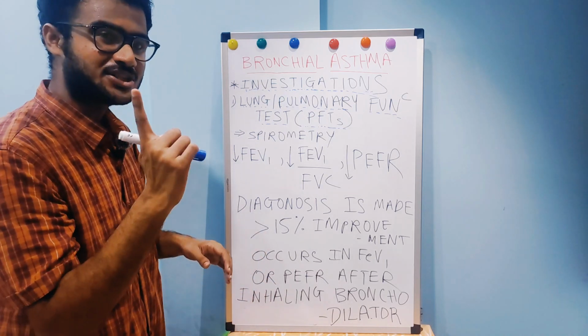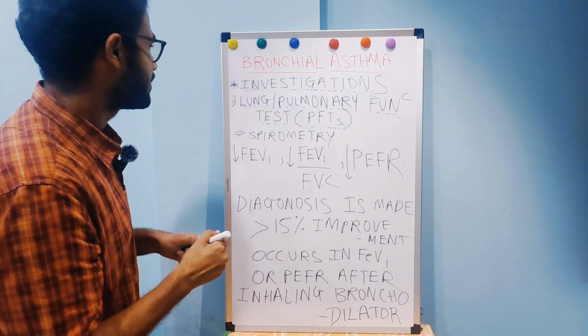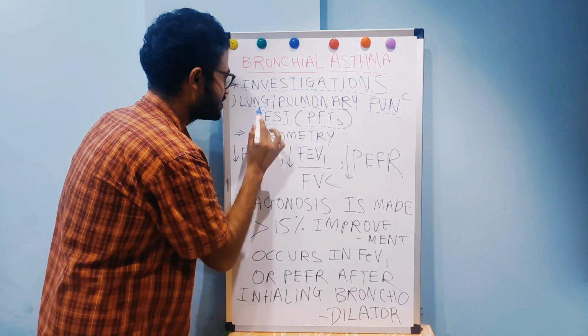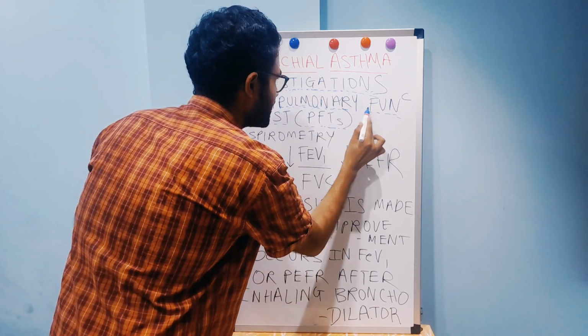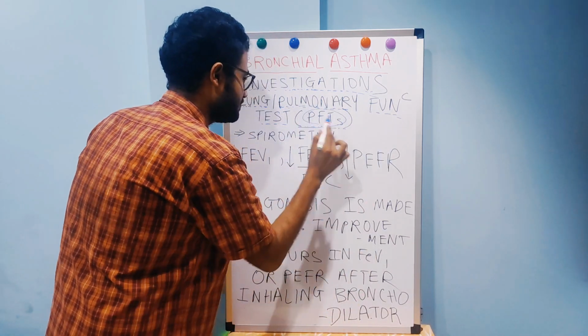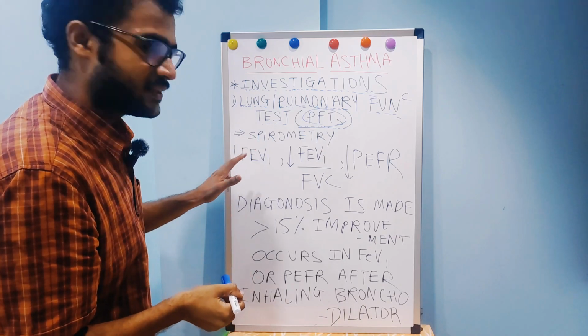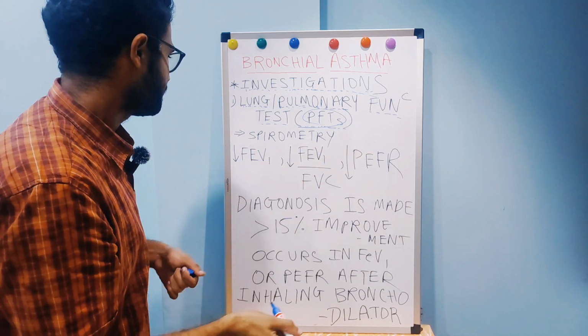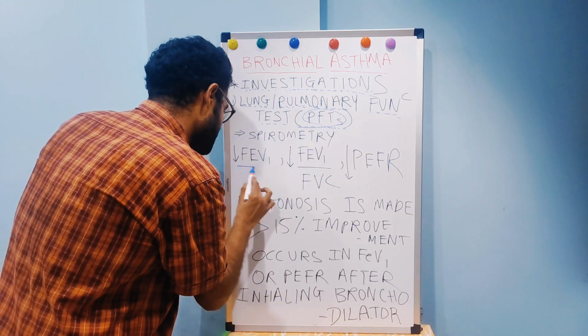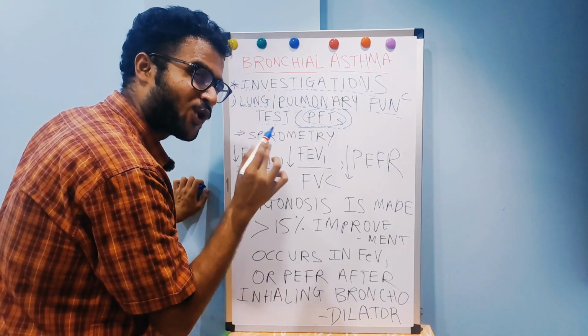So the first investigation, the most important, is the lung function test or pulmonary function test, that is PFTs. There are three most important parameters. First is FEV1, forced expiratory volume 1.